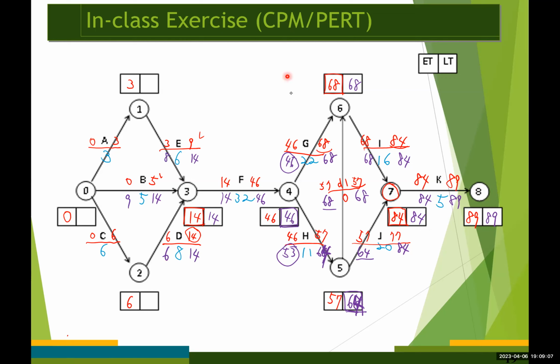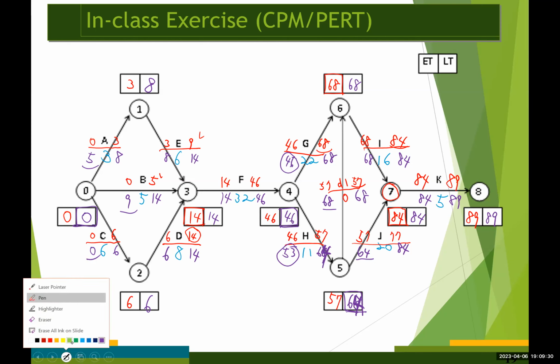So we have 8 up here. 8 minus 3 is 5. And then we have 6. 6 minus 6, 0. Again, the smallest value among these three goes in there. So it's going to be 0. Okay. So it's pretty small size network diagram. So identifying the critical path using this method would be really easy and straightforward, right? So where do we have critical path?